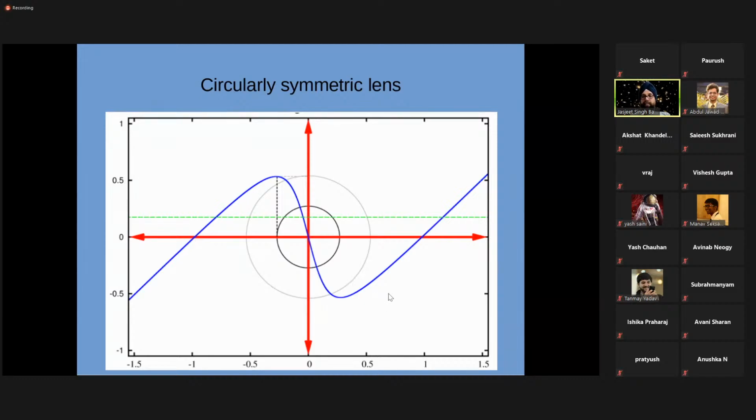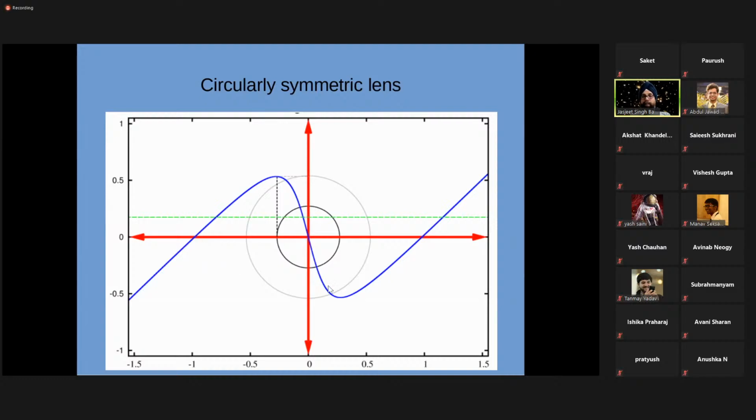On the x-axis is the actual angle, let us say, between the line joining us and the center of the lens, projected to the source. So as we move the source on this line, it appears at multiple places in the observed plane.